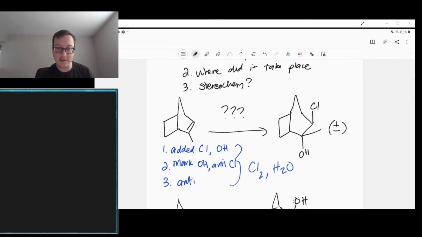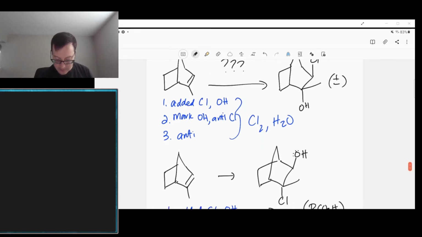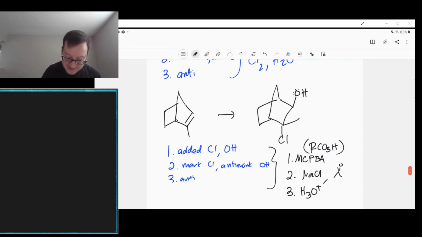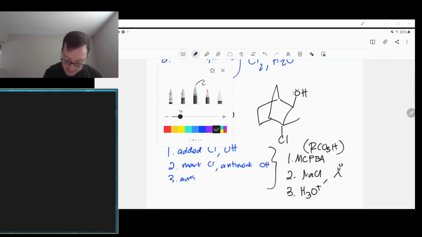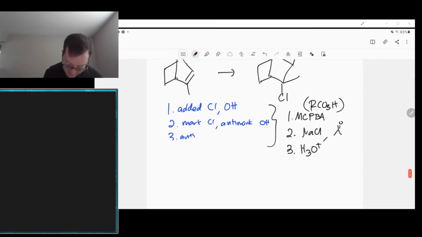Ooh, I'm hesitant to say this because it's a bicyclic compound. Never mind. If I wanted the syn one without that methyl group, look at how mean I am.